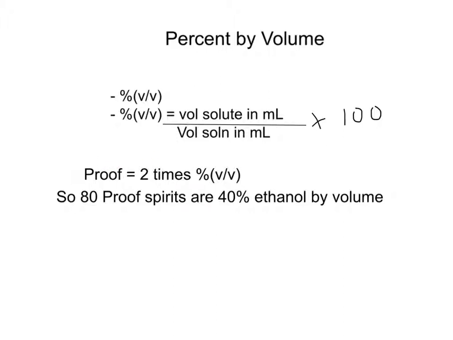So sometimes they'll say things like, these are 80 proof spirits, and that means they are 40% ethanol by volume. There's 40% of that solution by volume that is ethanol. So if it's 100 milliliters of ethanol solution, you have 40 milliliters of ethanol and 60 milliliters of water.